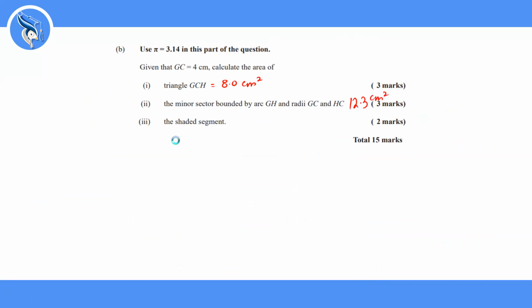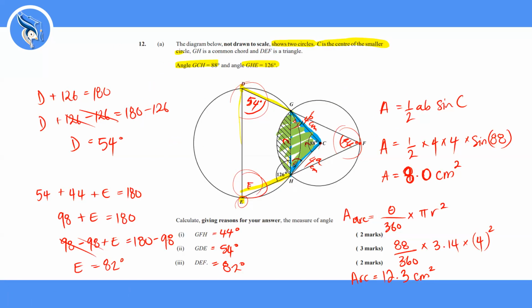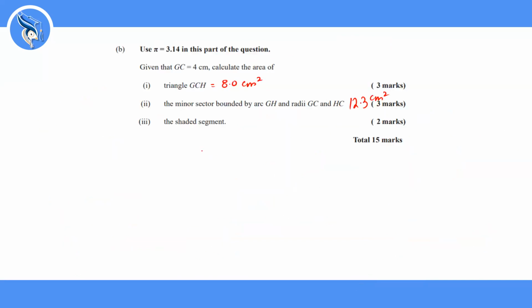Now the shaded segment, the area of the shaded segment down here would be the area of the sector minus the area of the triangle. So we're basically going to take the triangle out of the sector. So that's how we're going to do this. So the sector is 12.3 centimeters squared. Subtract 8 centimeters squared.